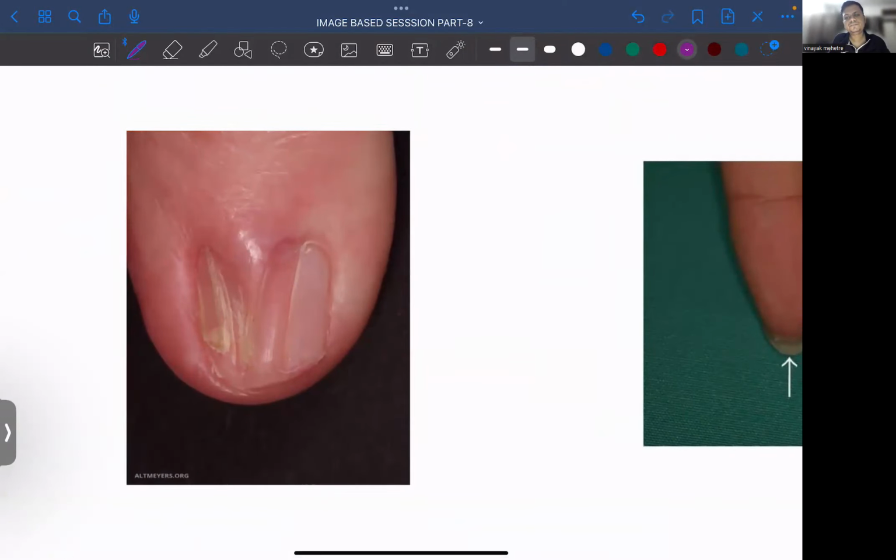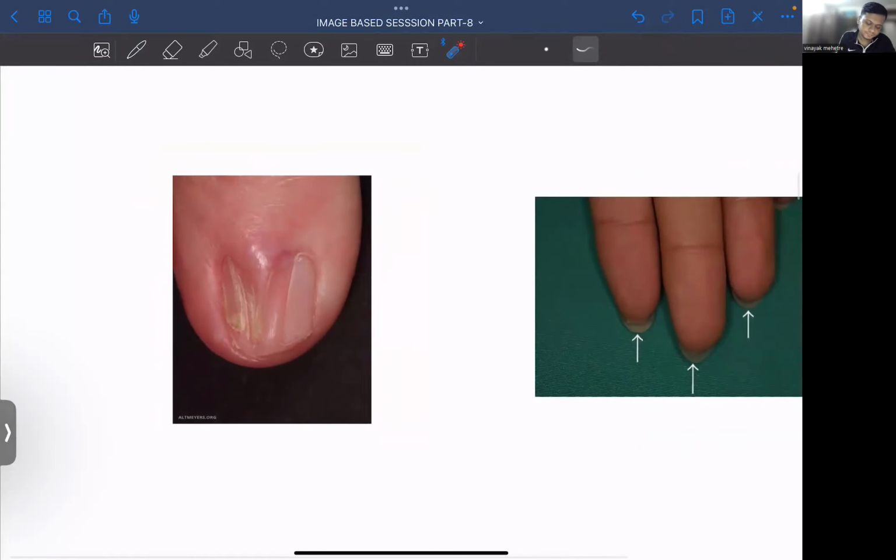What is this? Skin fold encroaching on the nail is called pterygium. But which pterygium? You know the hand: this is dorsal and this is ventral, right?